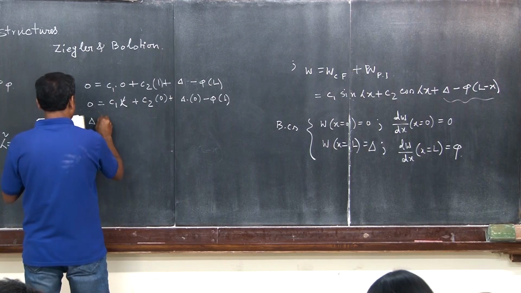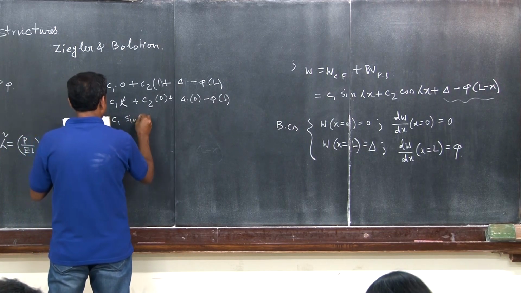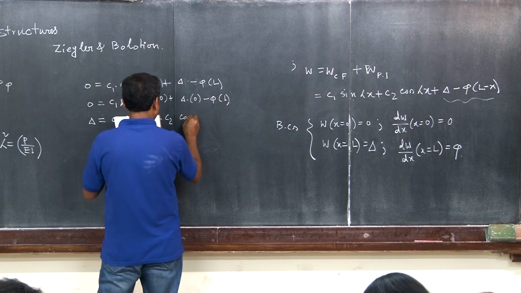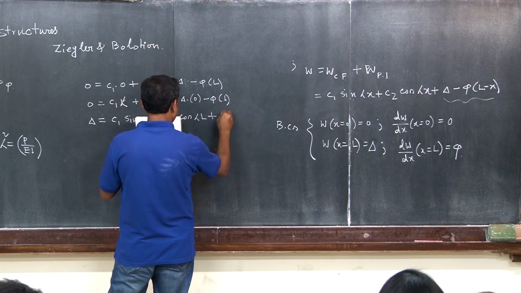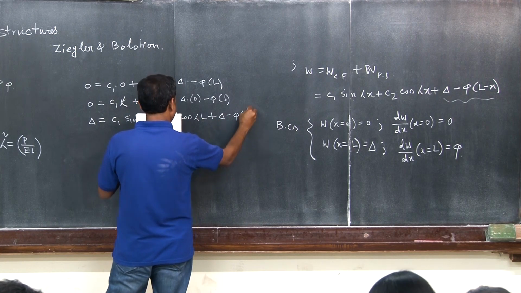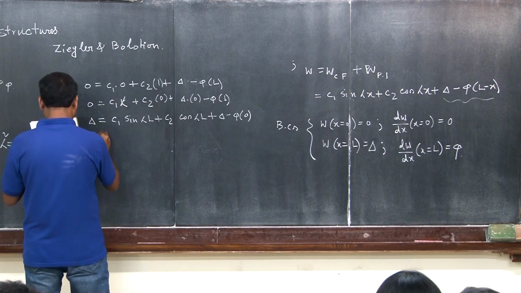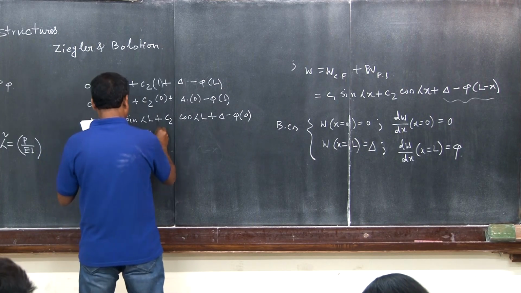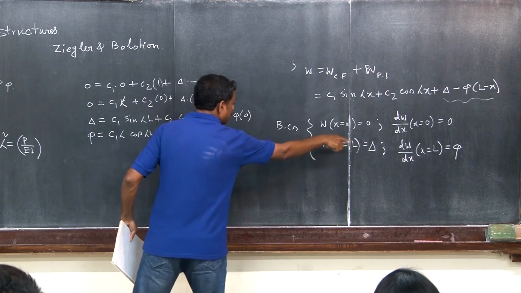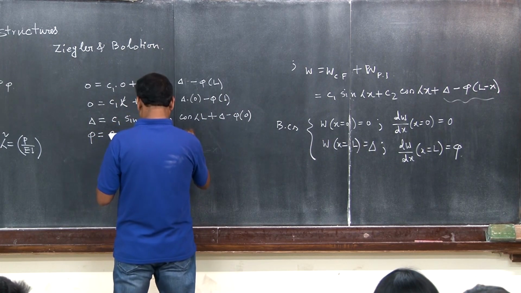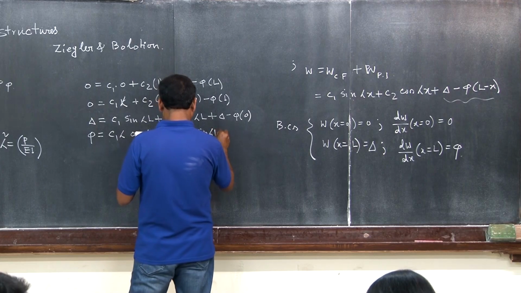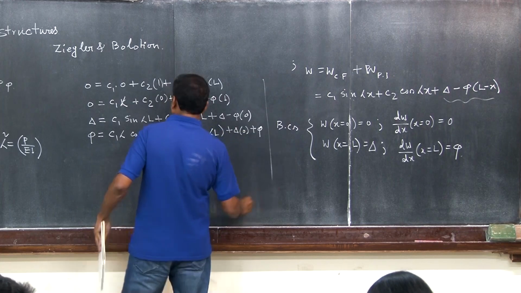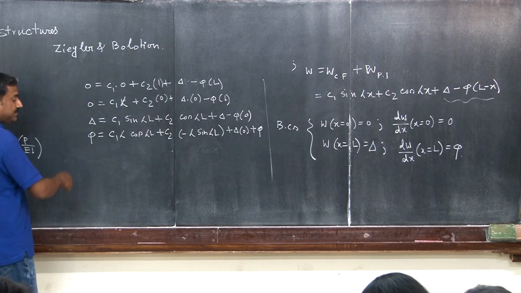Then delta is equal to C1 sine lambda L plus C2 cosine lambda L plus delta minus phi into 0, and then phi is equal to C1 lambda cosine lambda L plus C2, you differentiate it, minus lambda sine lambda L, plus lambda into 0 plus phi. So, 4 conditions, 4 equations, right?